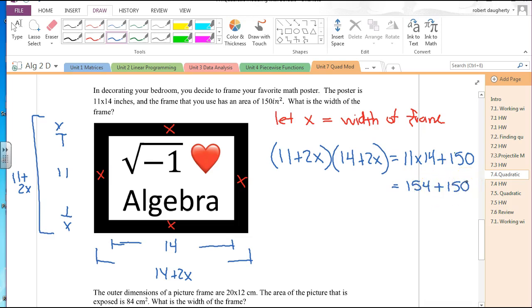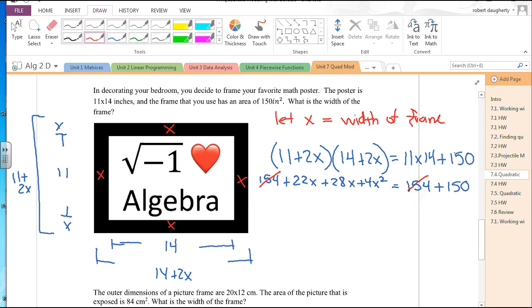Okay, now let's FOIL this. 11 times 14, that's 154, plus 2x times 11, that's 22x, plus 2x times 14, that's 28x, plus 4x squared. The 154 on both sides, what can I do with that? When I subtract 154 from both sides, that's going to cancel.